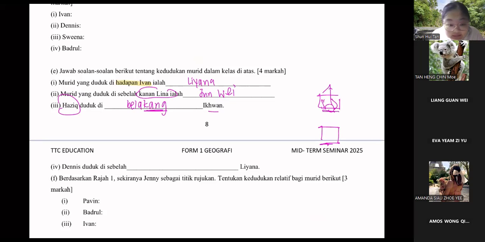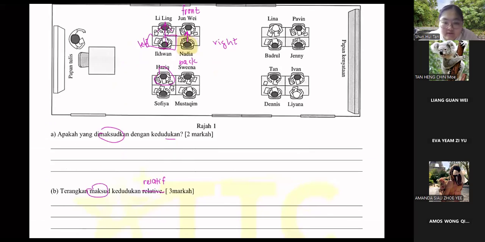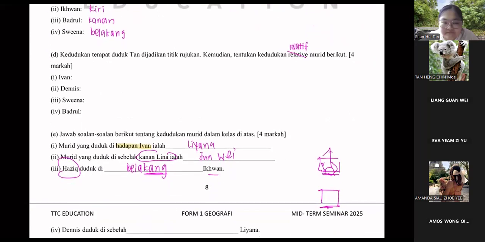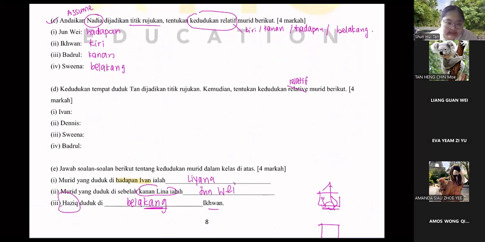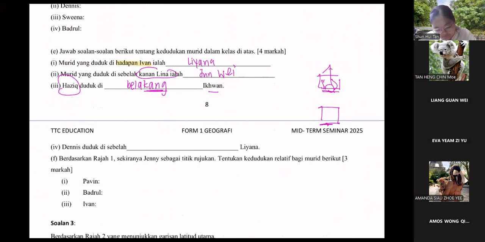Both are belakang either way for this question, but the question doesn't go like this all the time. And the last, Dennis duduk di sebelah mana Liana? Dennis sits where? Kiri. Understood? F is going to be a similar question. You have to do it on your own.